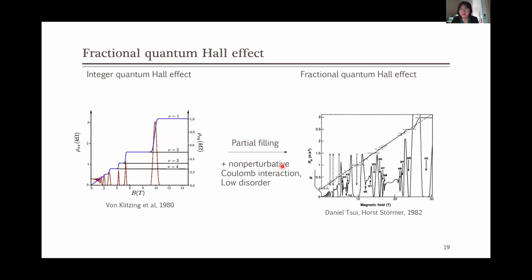You can see here, as a function of magnetic field and how many Landau levels you are filling, there are fractional fillings giving you a similar gap. Basically, your longitudinal measurement gives a 0 resistance, and your transverse conductivity or resistance is quantized. So that's the fractional quantum Hall effect.